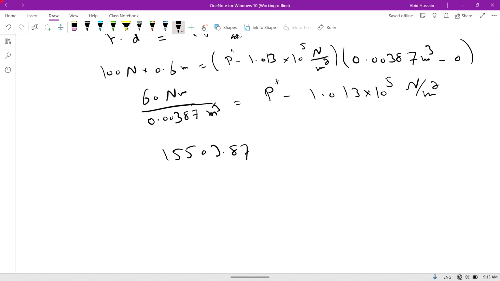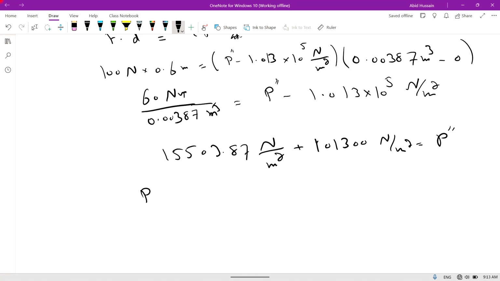One meter will cancel with one meter. The unit will be Newton per square meter. This minus will be plus on the other side. I can write this as 101300 Newton per square meter is equal to P double dash.